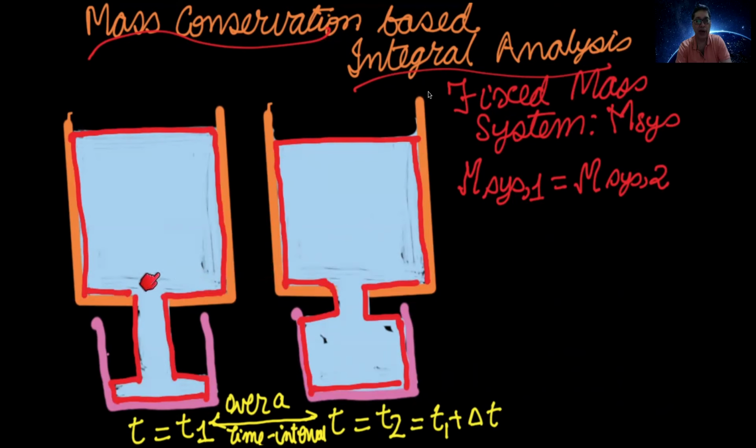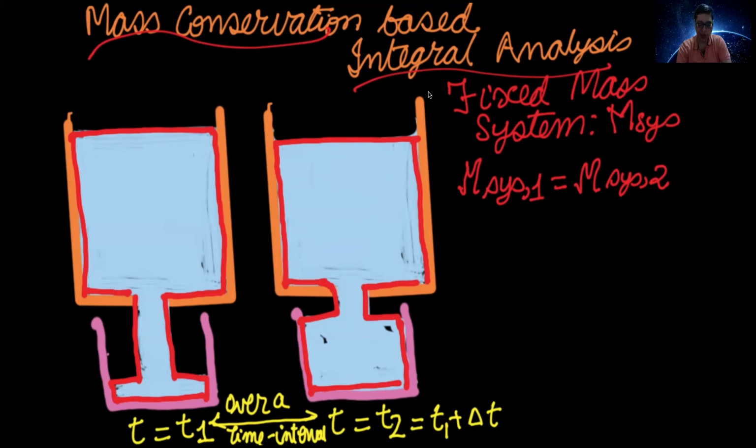You will see that the mass of the fluid enclosed by these red lines at time t1 versus t2, the total mass of the system at time t1, shown here as m system 1, is equal to m system 2. So you can see that the mass of the system is conserved. This corresponds to a fixed mass system.